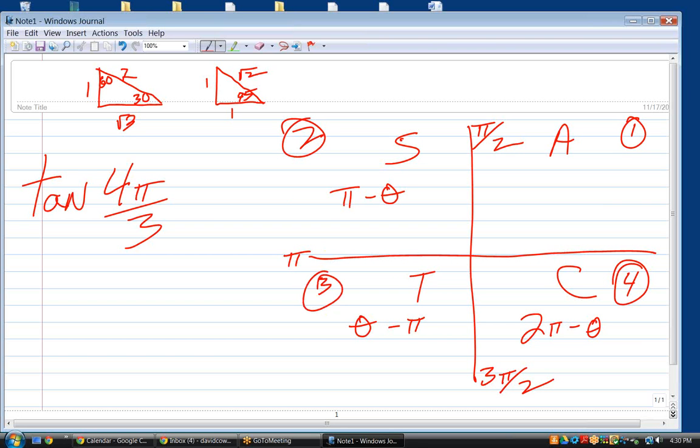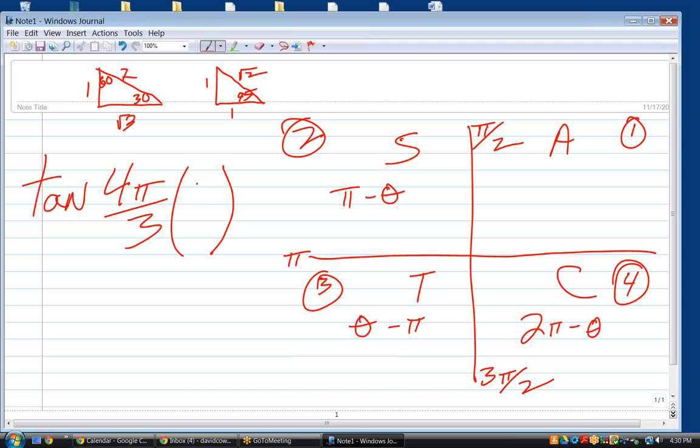Which quadrant? What is the equivalent first quadrant angle? So use this. Pi over what?